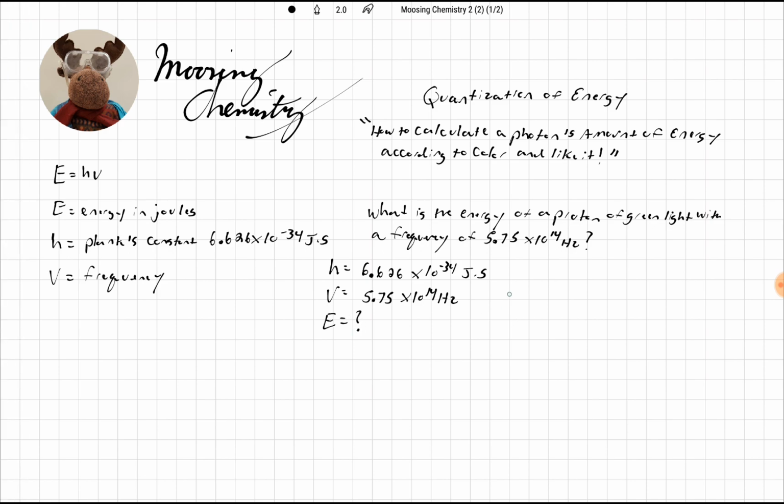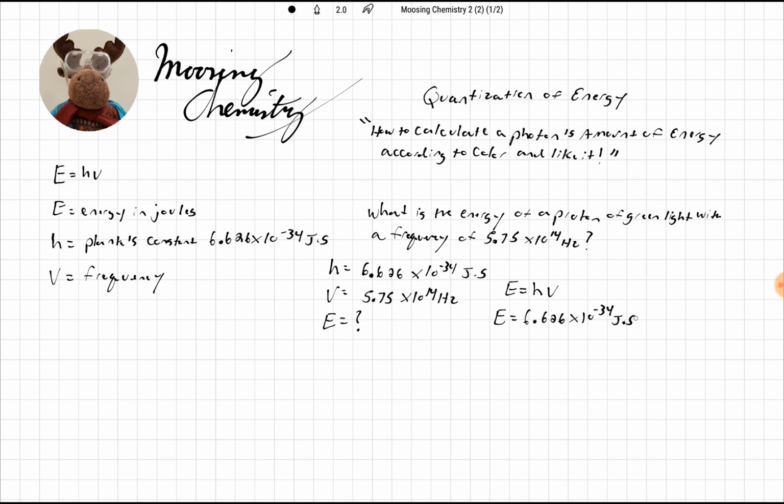So anyway, we're going to go E equals hv. So energy equals 6.626 times 10 to the negative 34 joule seconds. All right, so far so good.